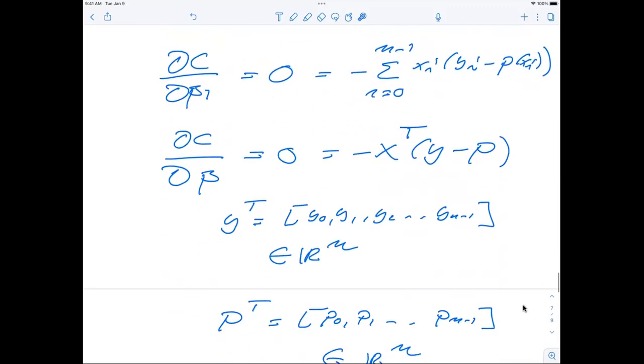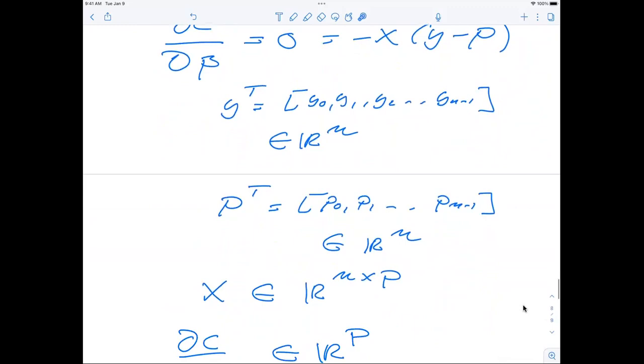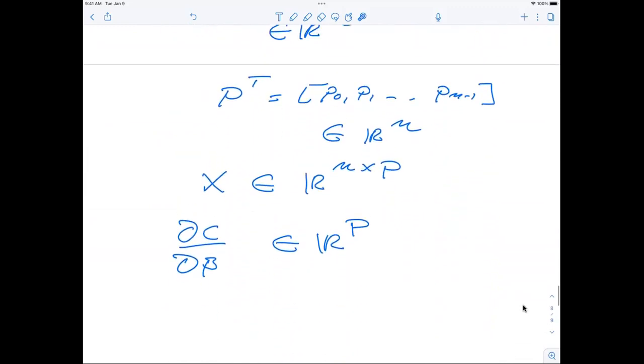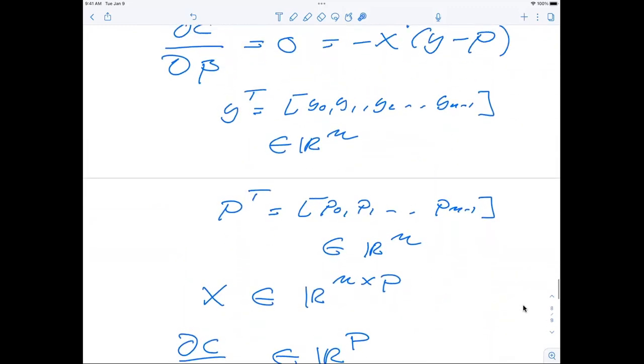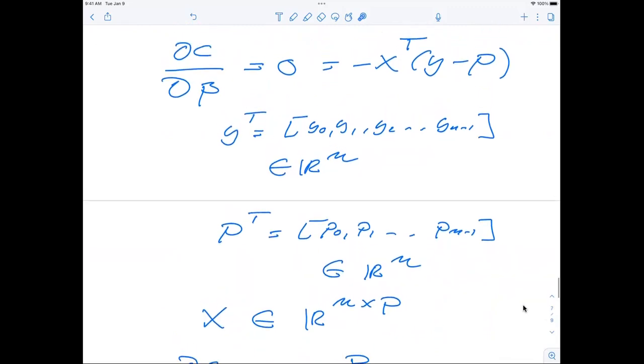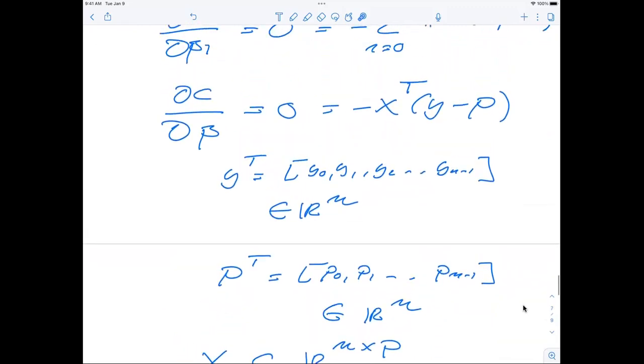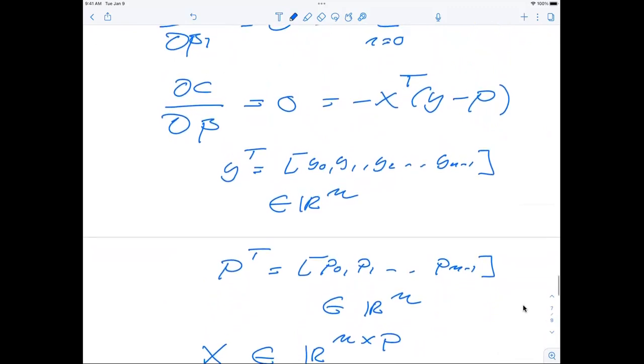Now what you see here is that this gradient does not depend in a linear way on the unknown parameters beta. If you look back, we see that the dependence on beta is hidden in this function p. Compared to the previous case of linear regression, let me quickly remind you.